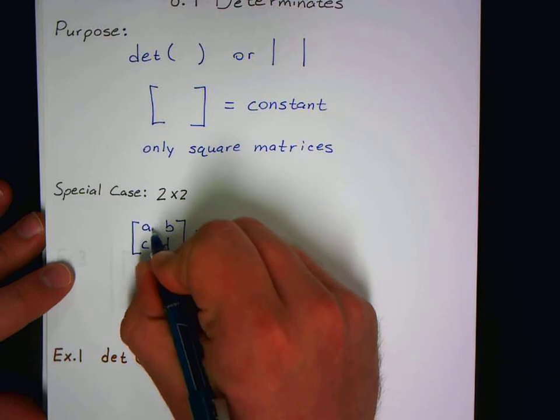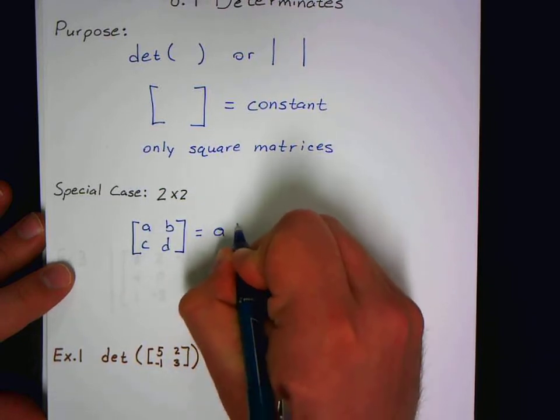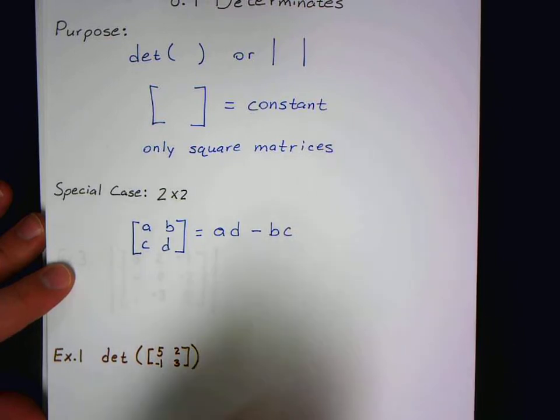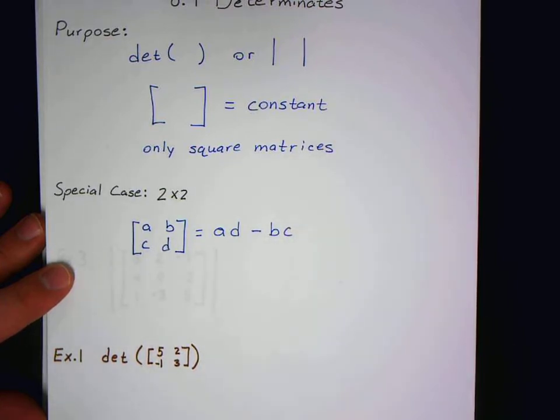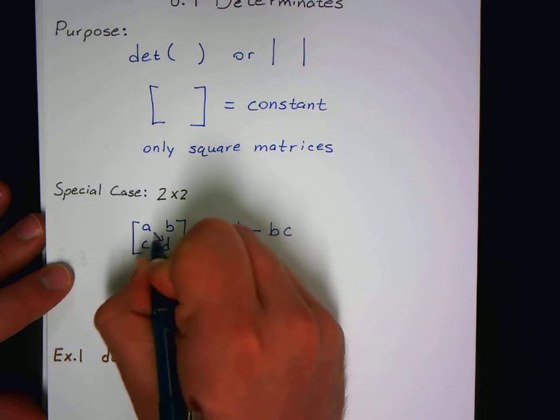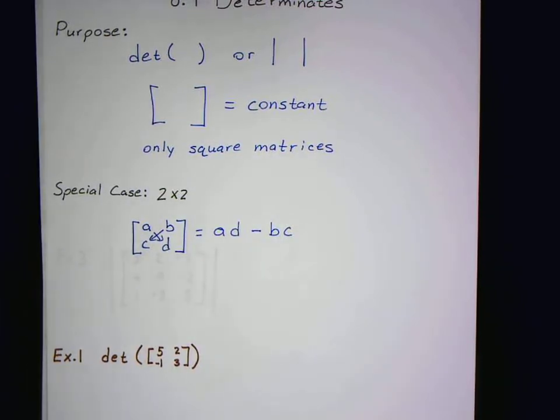So what I do is I take A times D minus B times C. So I cross multiply and subtract them. That's all you have to do to find a determinant.